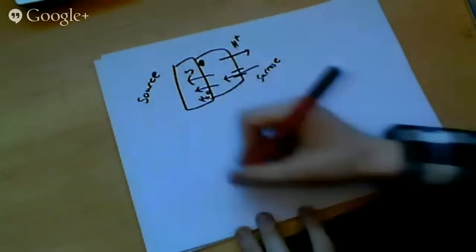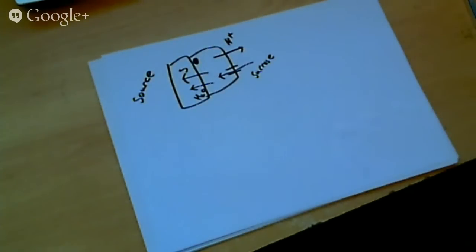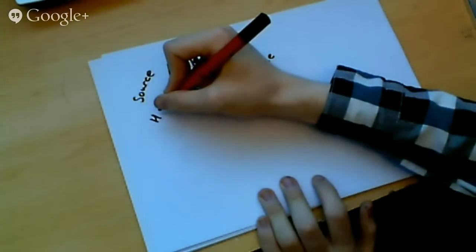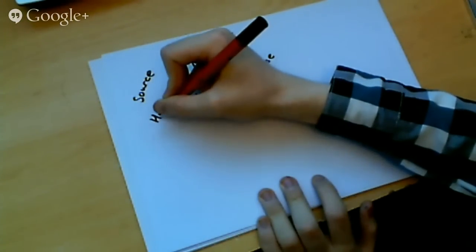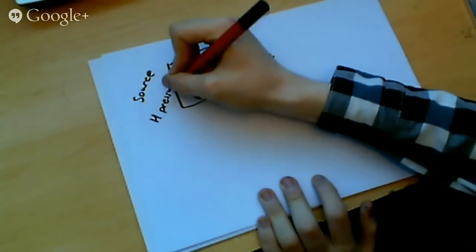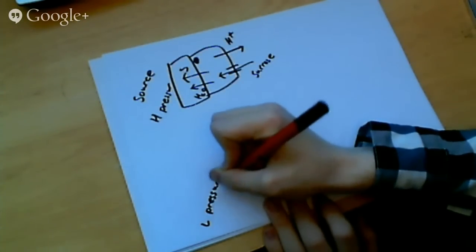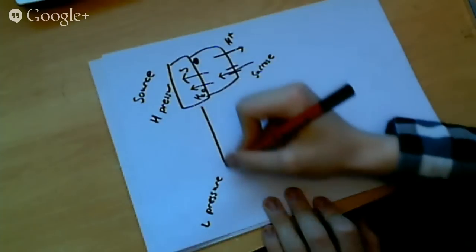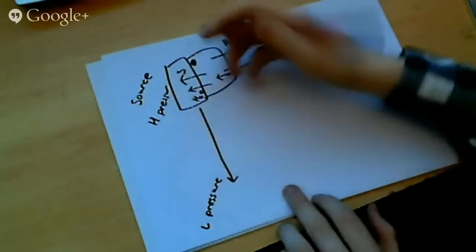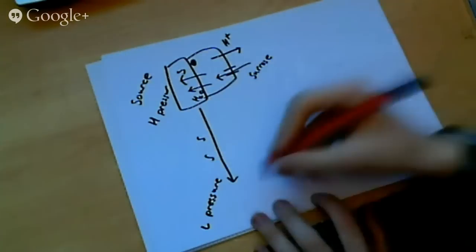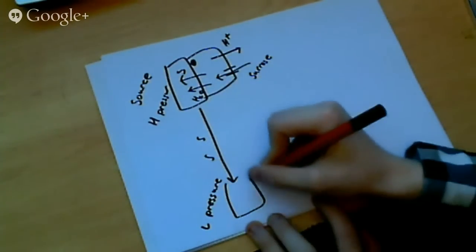Then what this causes is high hydrostatic pressure, and there's low hydrostatic pressure down here, which causes water to move down the pressure gradient, bringing the sucrose with it till it reaches another cell.